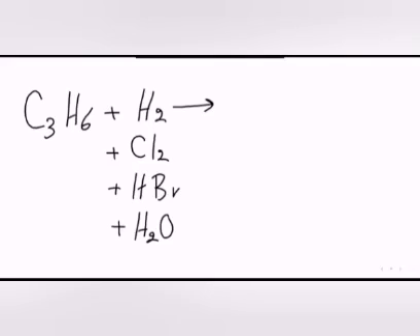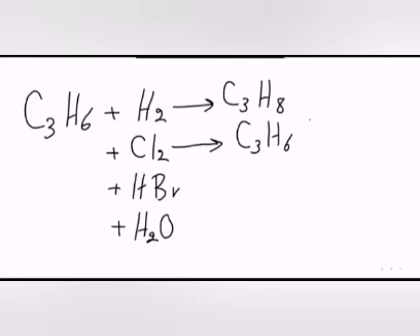So the unsaturated molecule is turned into a saturated one by reaction with hydrogen. By reaction with halogens, we will obtain the halogenoalkane, I'm sorry. Now to draw this halogenoalkane, it should be drawn in this form.